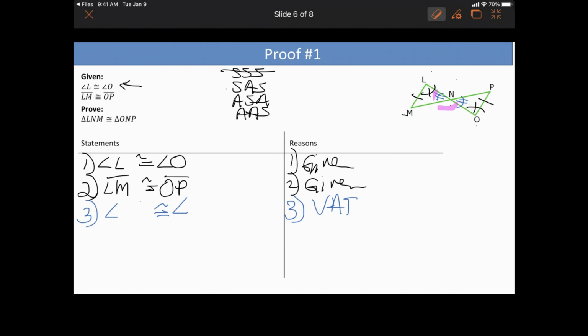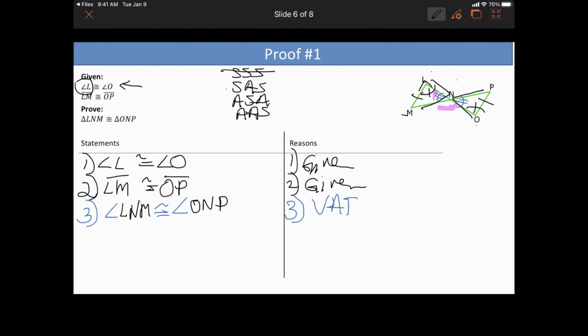Okay. So I'm going to say angle LNM, which is this angle here, and angle ONP, which is this angle here. I'm going to say they're congruent. So again, for this one, I needed 3 letters because there's more than one angle there. As opposed to angle L, I know which one that is. That's only this one. That's all we have in that diagram, right?